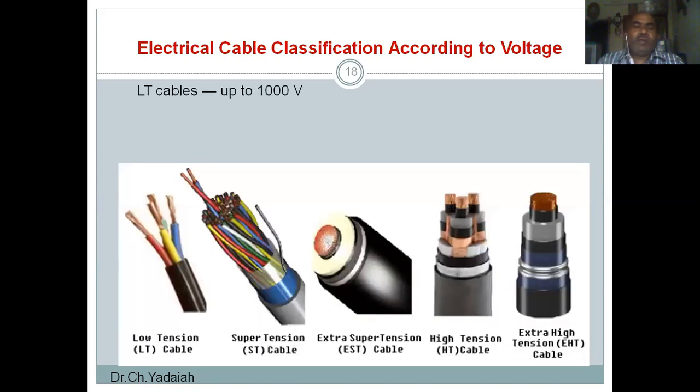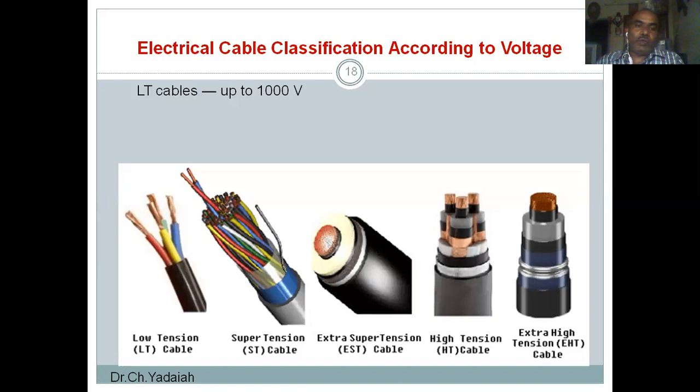Now, all cables are designed based on two main factors: current and voltage. Based on the current, the conductor size increases. If the voltage increases, the insulation layers increase. LT cables means low tension cables.